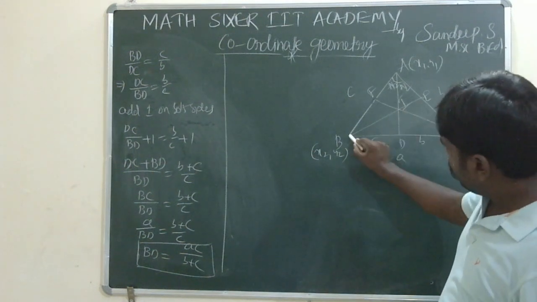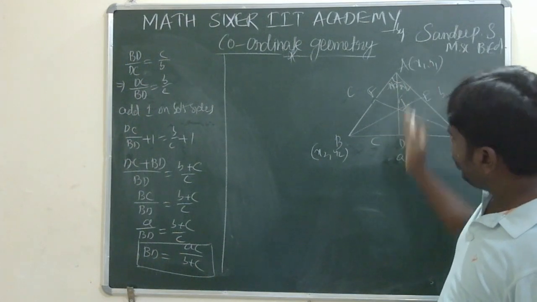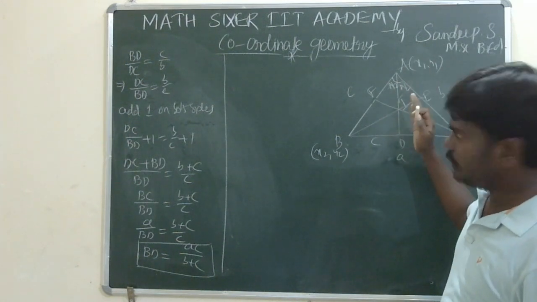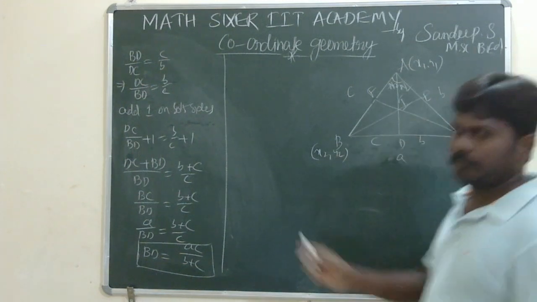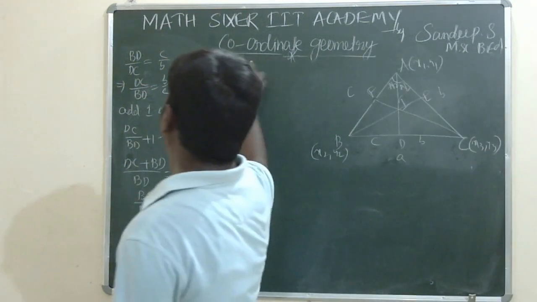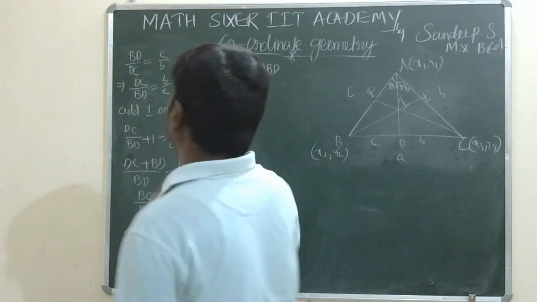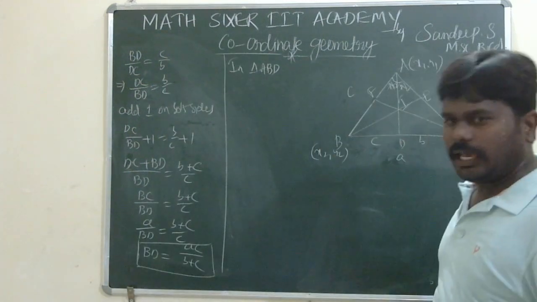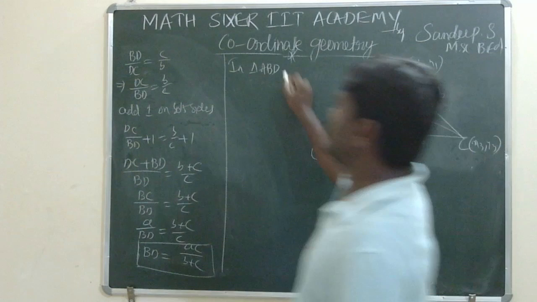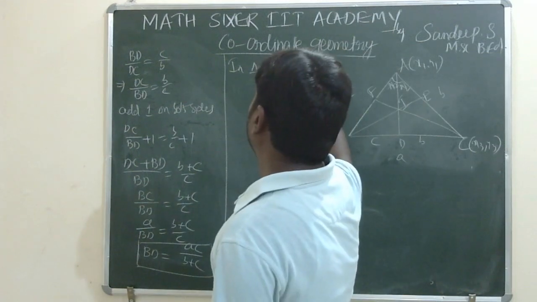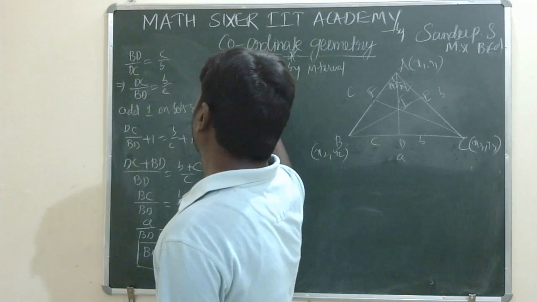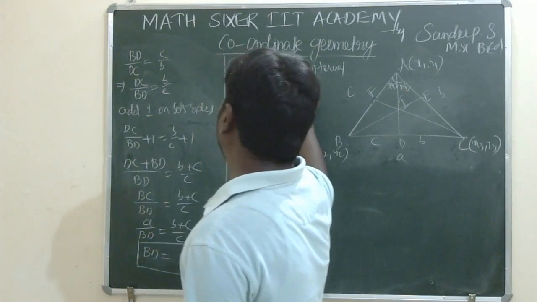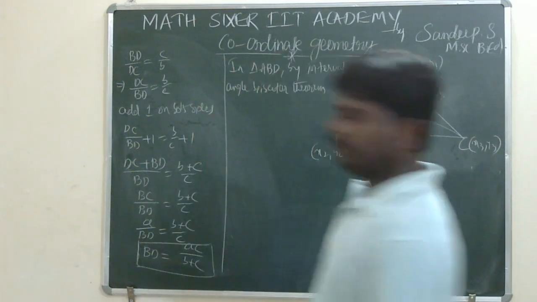So here when you are taking AD as the base, in the triangle ABD I am applying the internal angle bisector theorem.